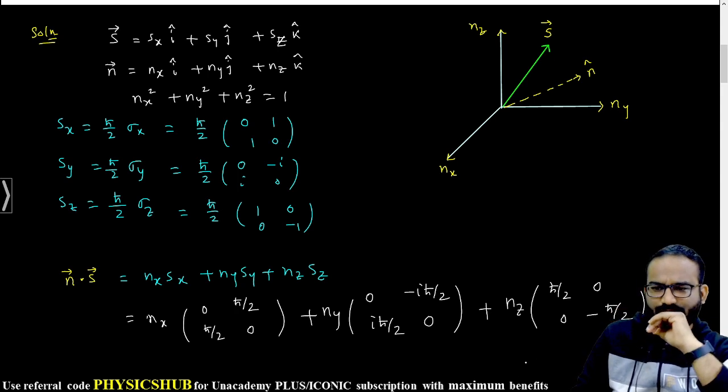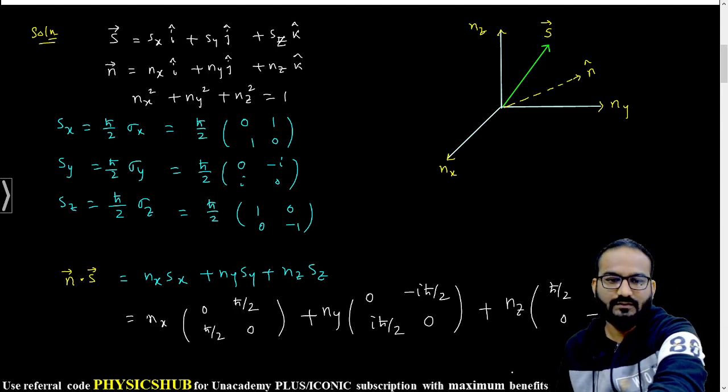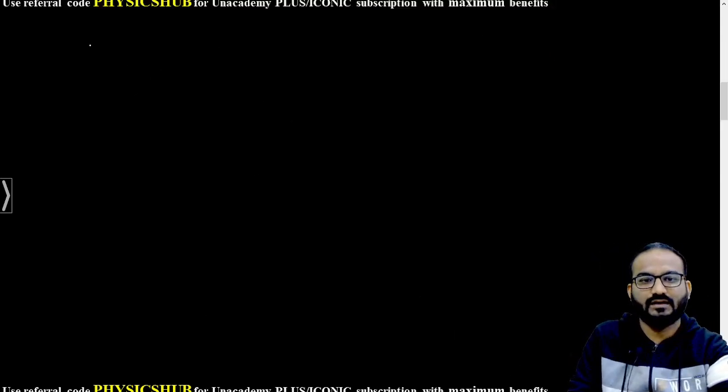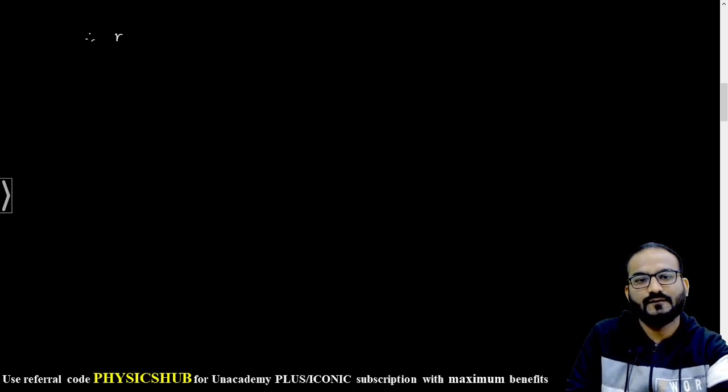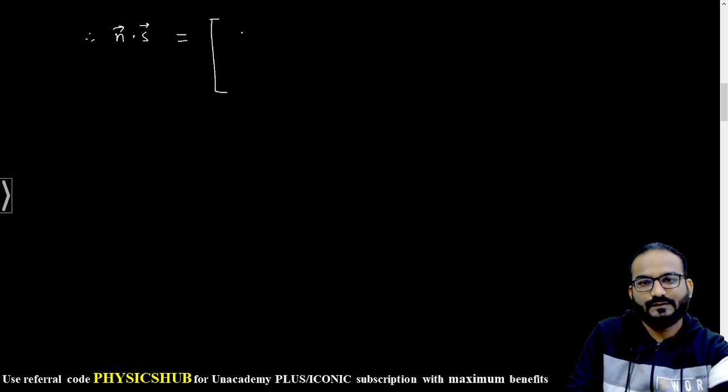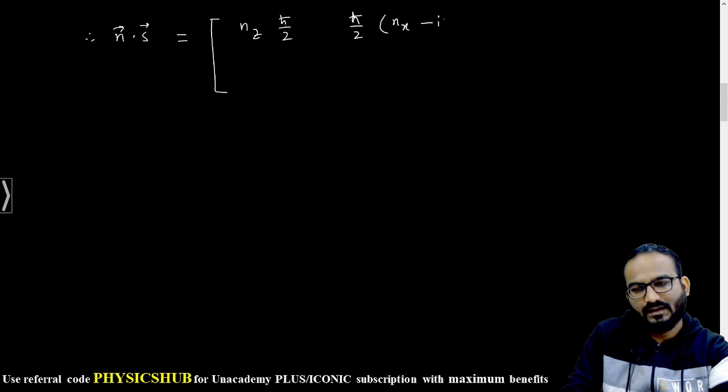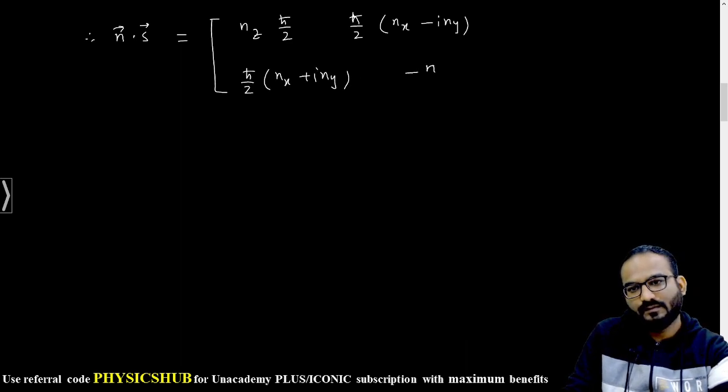Just add them up. If you add them up, for n dot s we are getting this matrix: h cut by 2 times nz, nx minus i ny in the first row, and nx plus i ny, minus nz in the second row.